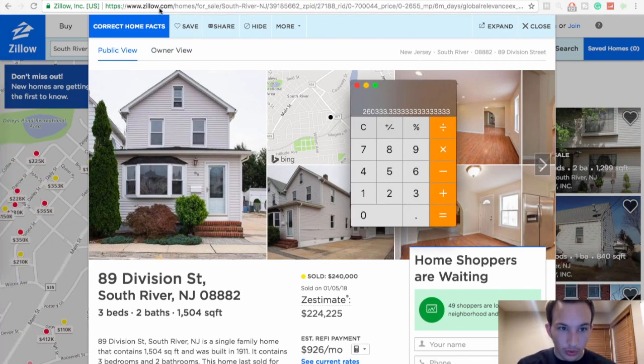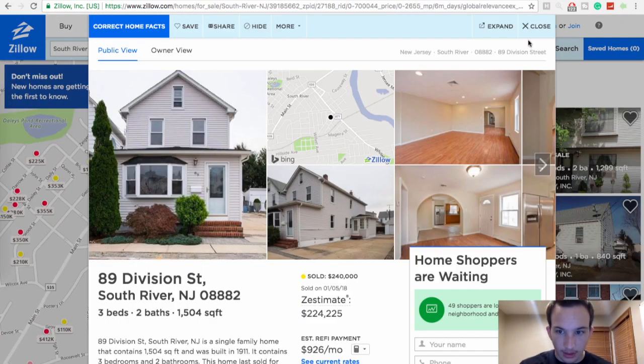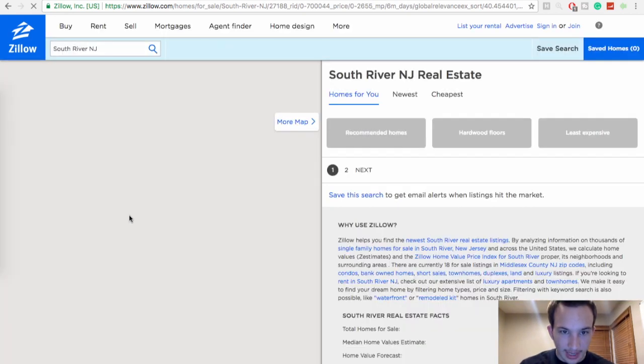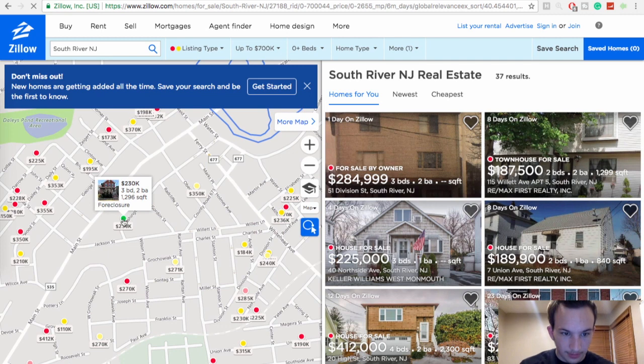So, with this house right here that we're looking at, 230,000, let's just look inside and see what the layouts are looking like. Okay, it's right here on Washington Street. Let's see what it looks like inside to see if it would need updating.